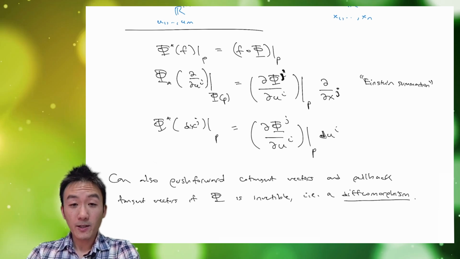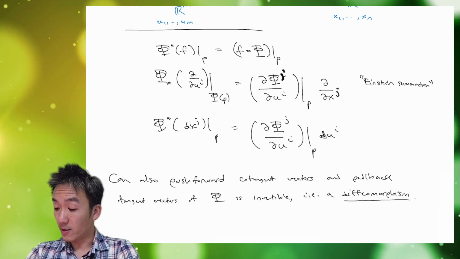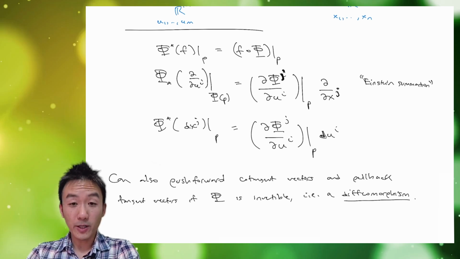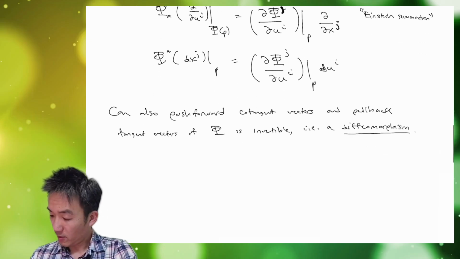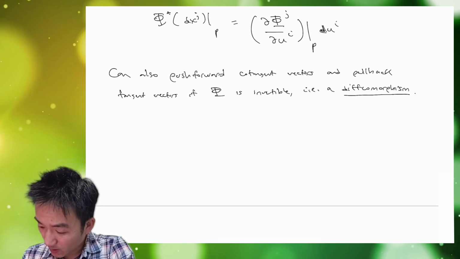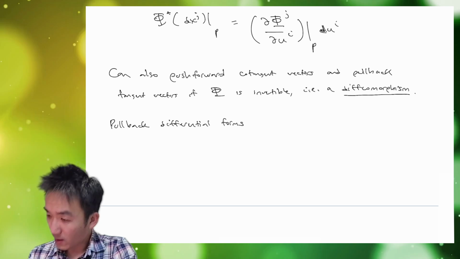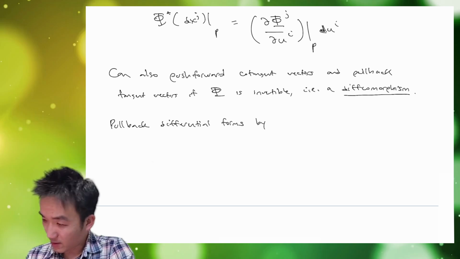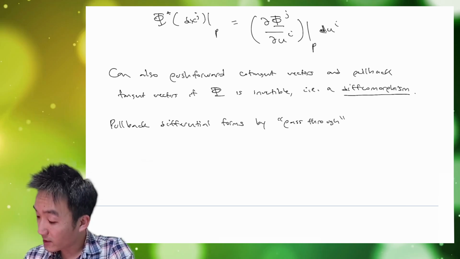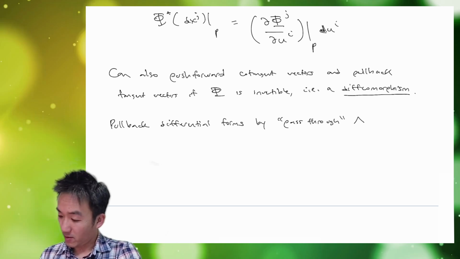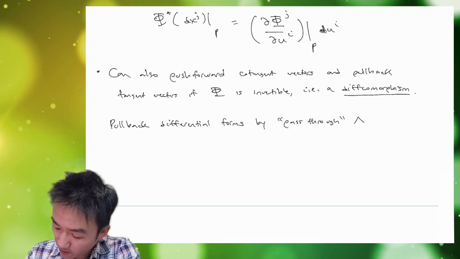Okay, and so why did I need to revisit these notions of push forward and pullback? It's because these are the basic building blocks, and now we can understand how to pull back differential forms, by passing it through the wedge. Let me just put a bullet here and a bullet here.